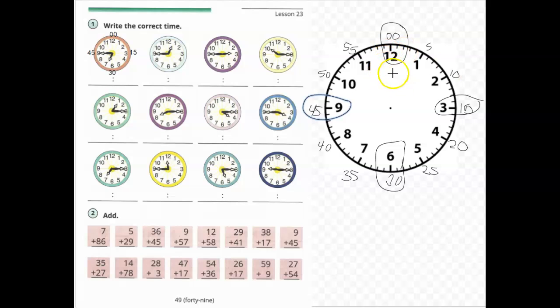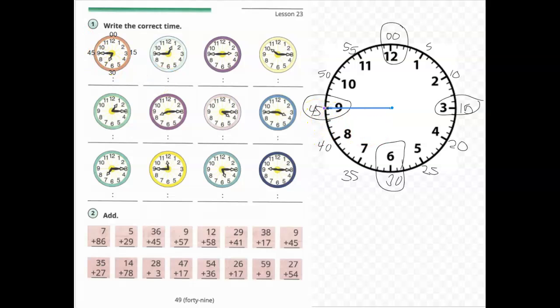All right, so if the minute hand, which is the one that goes all the way up, if the minute hand is touching the 3 like that, then our minute is 15, right? If our minute hand is touching the 9, then we write 45 for our minutes.